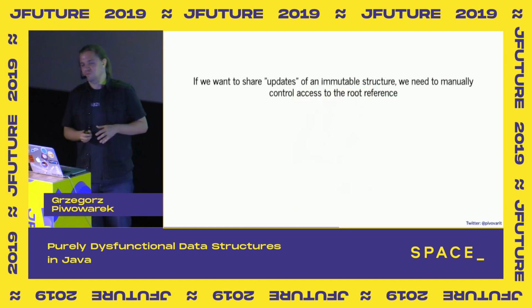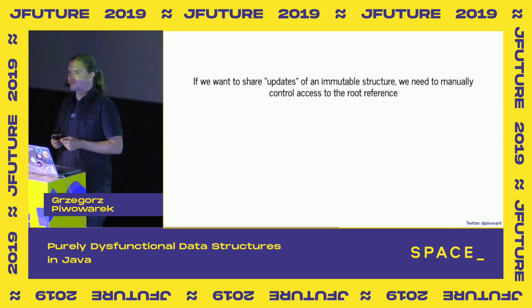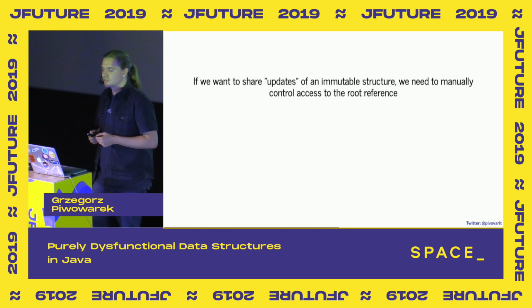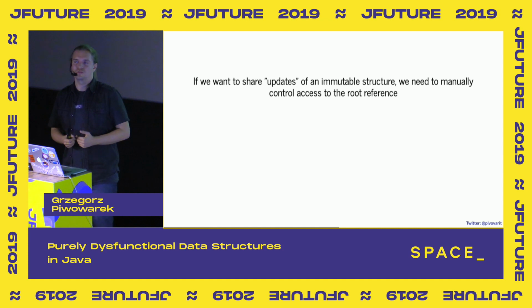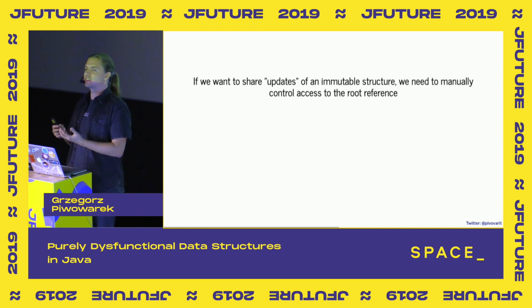Because there are some ways to make it happen, but it involves working with concurrency quite a lot. So let's say that we really, really want to use an immutable list for exchanging data between threads.